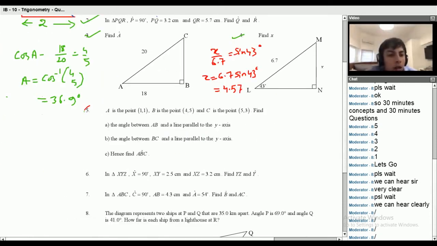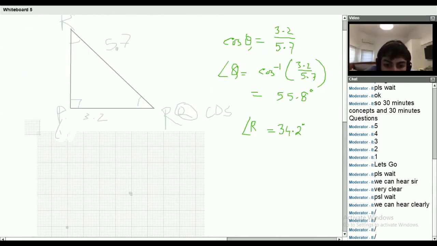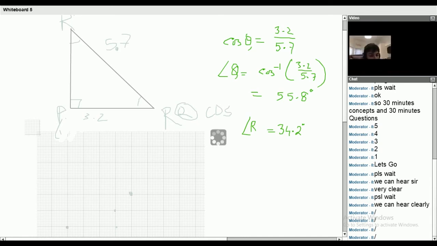Okay. And (4, 5). Okay. So yes, these are the 3 points. It's like this.